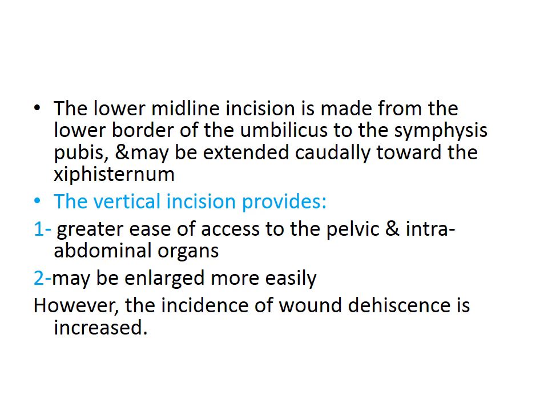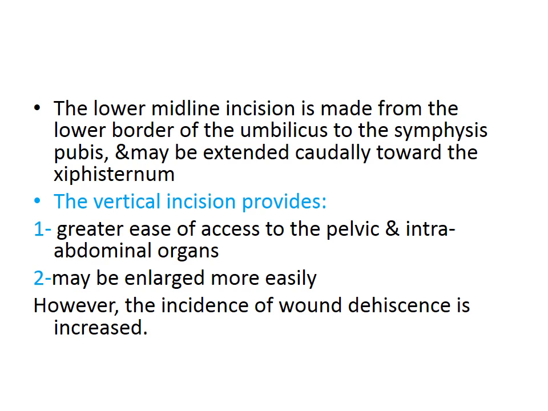And this has the advantage that it can be extended cranially towards the sternum, so it can be enlarged in special situations. What are the advantages in general of vertical skin incisions? That is to say, the infra-umbilical one provides a greater ease of access to the pelvic and intra-abdominal organs, as well it can be enlarged more easily towards the sternum.